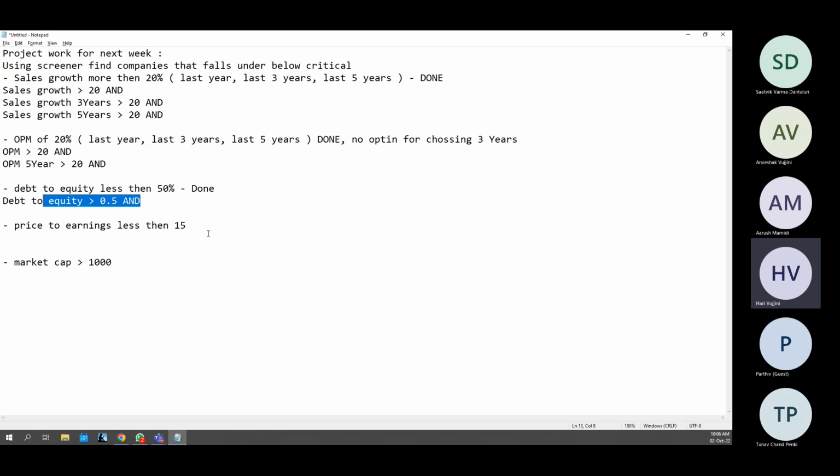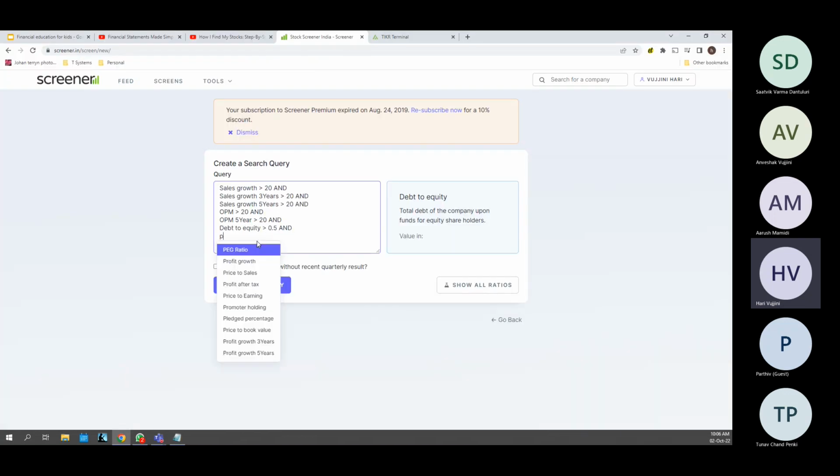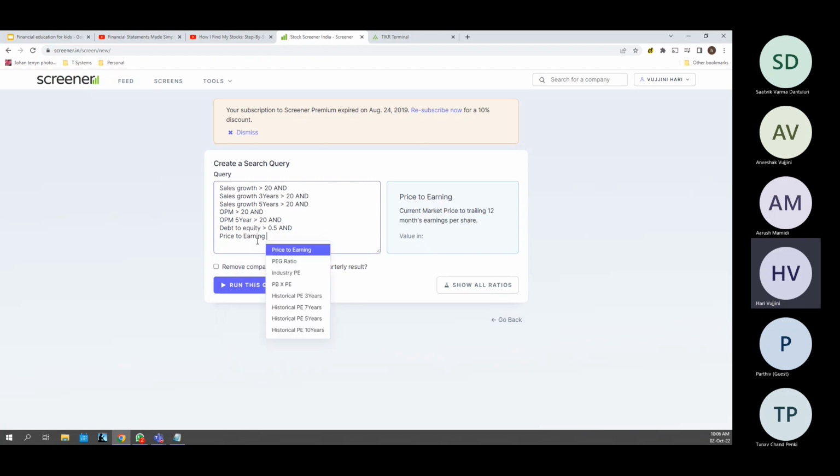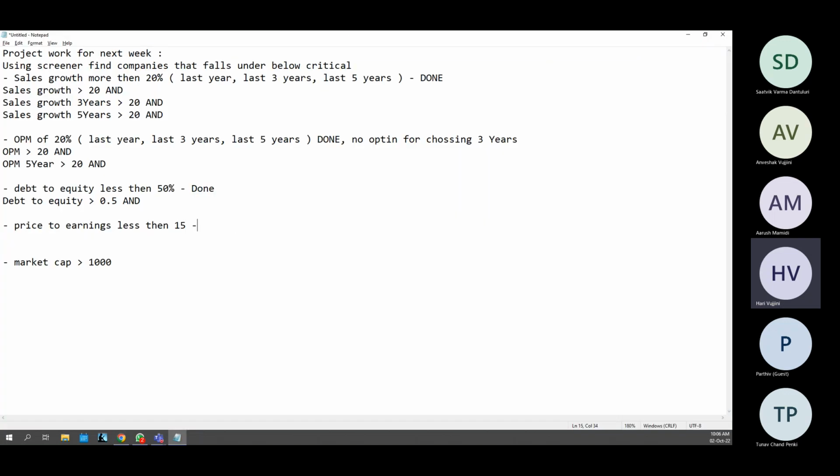At the same time, I don't want to pay him too much money if I'm selecting him for the IPL or any football club, right? It's the same logic here. I don't want to pay too much money for businesses. So the price to earnings criterion has to be less than 15. So we got this one. This is done.